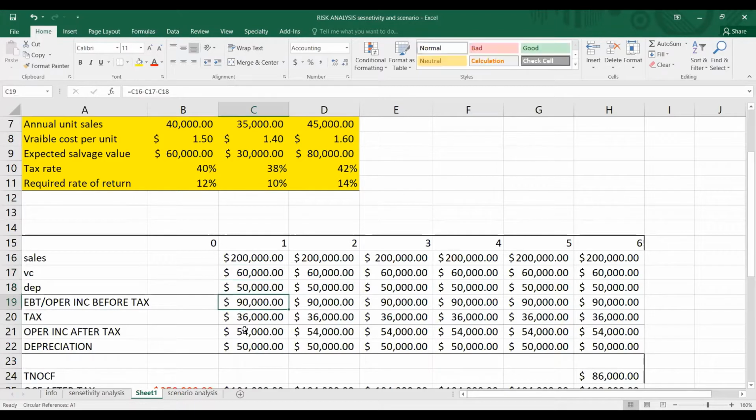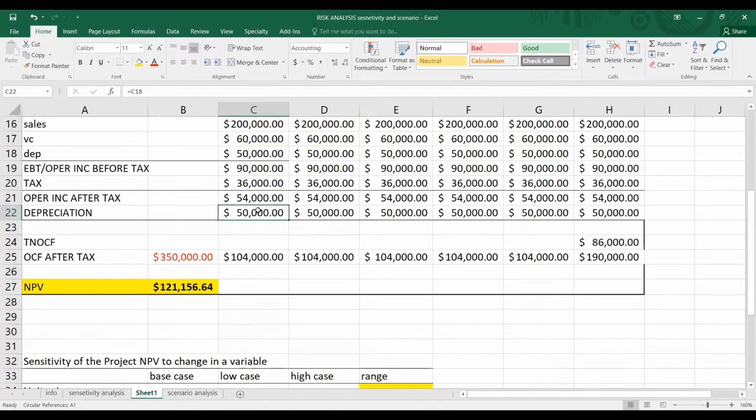That gives you 90,000 of earnings before tax. And the tax rate is 40% of the earnings before tax. That will help you to derive operating income after the tax. Then we add back the depreciation that we subtracted at the beginning to receive operating cash flow after the tax.